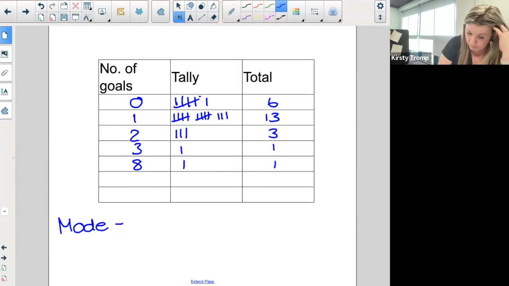We scored 0 goals in 6 of our matches. We scored 1 goal in 13 of our matches. We scored 2 goals in 3, 3 goals in 1, and 8 goals in 1. So what is the mode? What are the most popular? How many goals did I score in most of the matches? It's going to be 1 goal. So my mode, my most popular goal that came up each time, was 1.